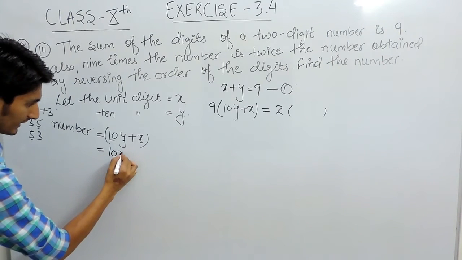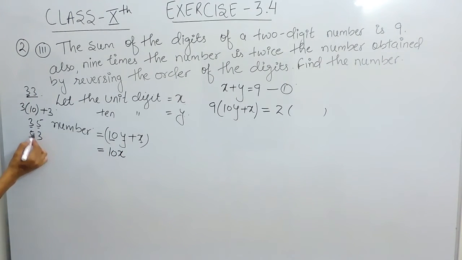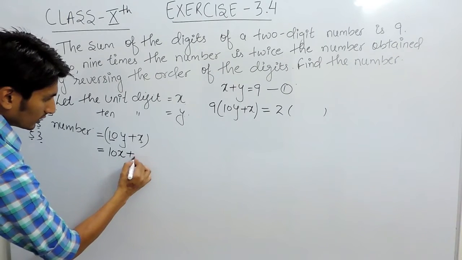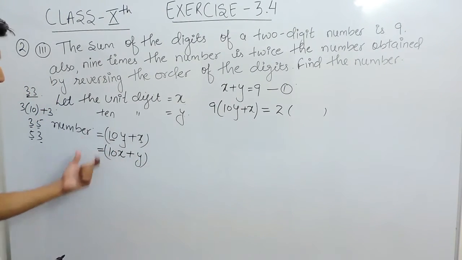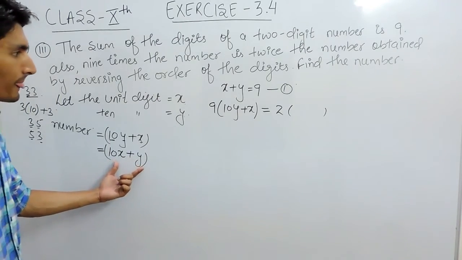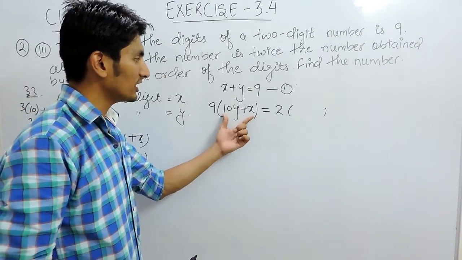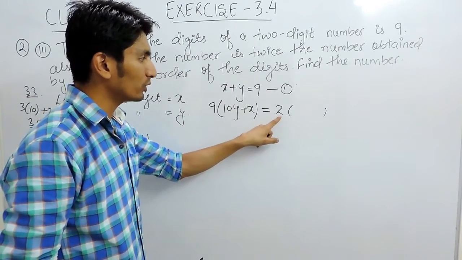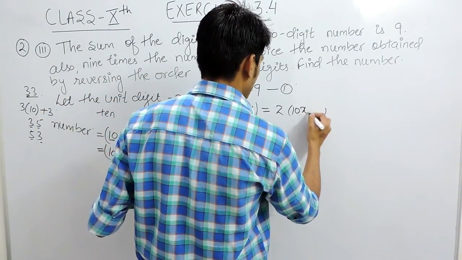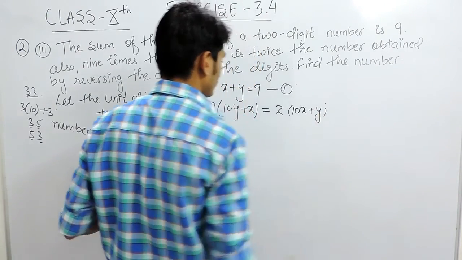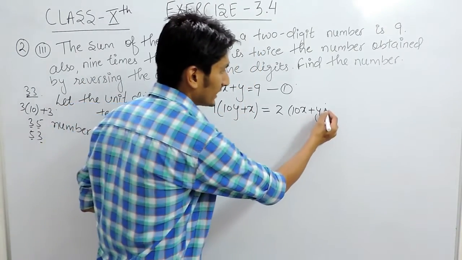So this will be 10x, and you have to add the 10th digit to it. So our new number, after reversing the digits, is this. So 9 times the original number is equal to 2 times the new number, which is 10x plus y. So this would be our second equation.